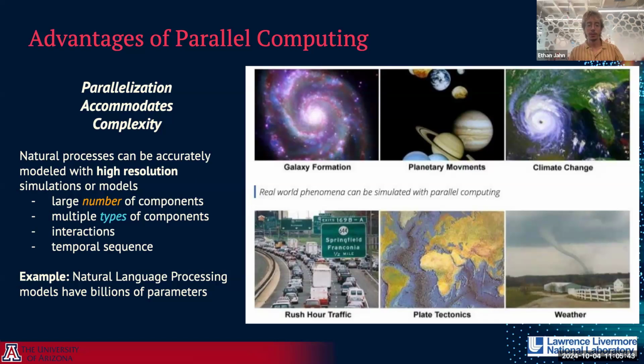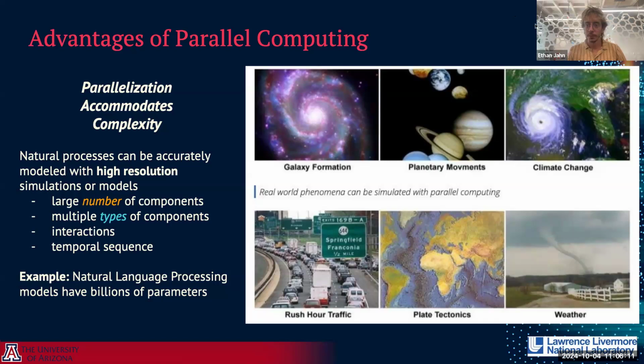There are so many different fields that can take advantage of this form of modeling. An additional example is natural language processing models, which have billions of parameters. It's not quite a physical simulation type model, but it's still a model that gains an advantage from additional complexity.